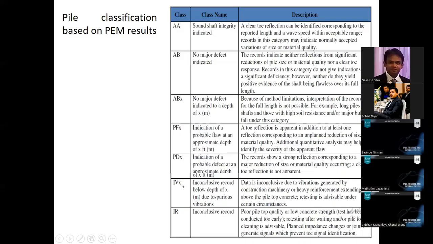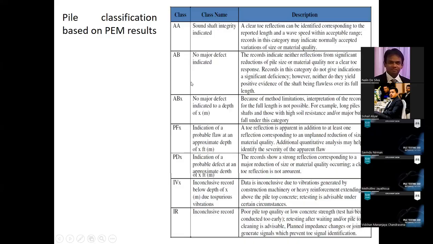Then inconclusive records below depth X: IVX means inconclusive record below depth X due to some disturbance to the wave. Then IR means the entire record is inconclusive.